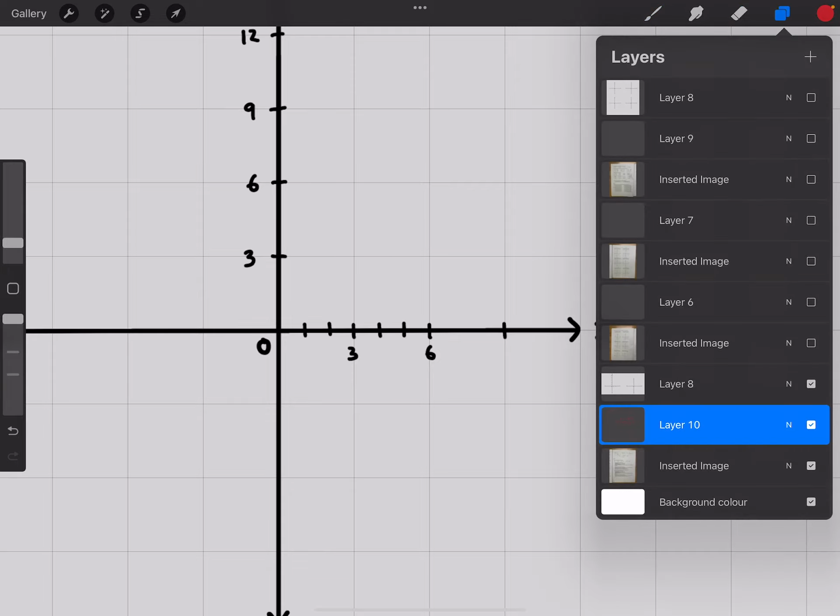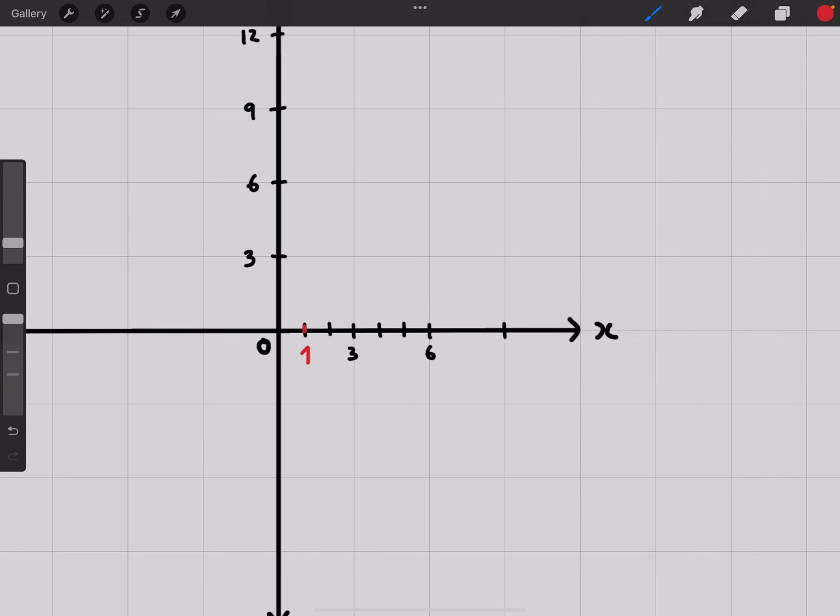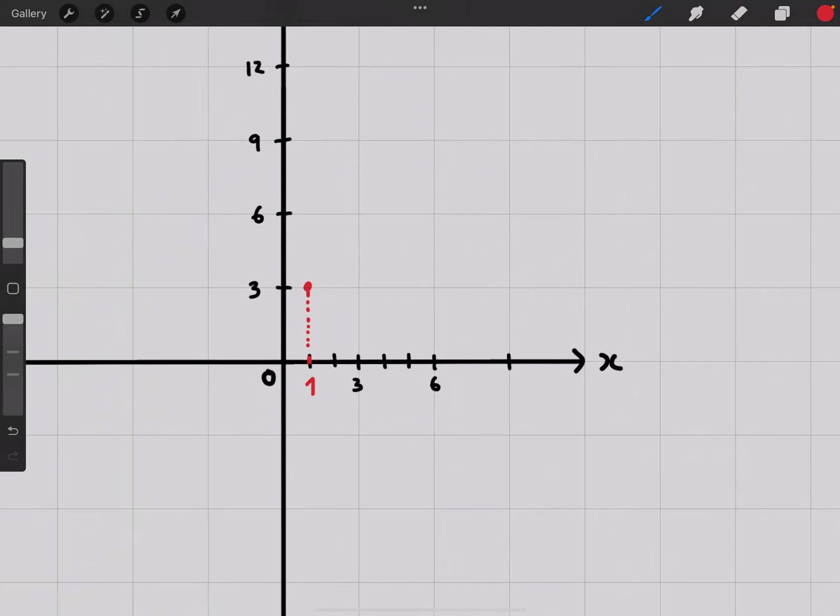So when x equals 1, y is equal to 3. So there's your first point, your first coordinate. Next one, when x equals 2, y equals 6. So that means the coordinate is there.